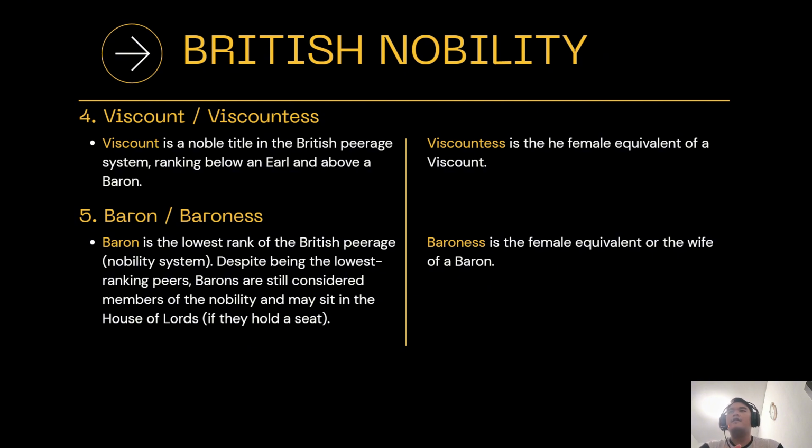Baron is the lowest rank of the British peerage system. Despite being the lowest ranking peers, barons are still considered members of the nobility and may sit in the House of Lords if they hold a seat. Meanwhile, baroness is the female equivalent or the wife of a baron.